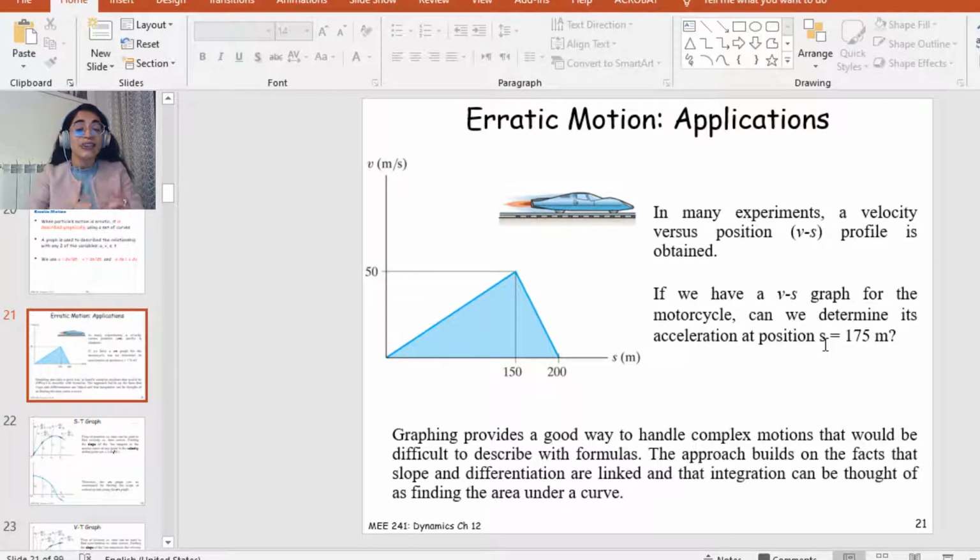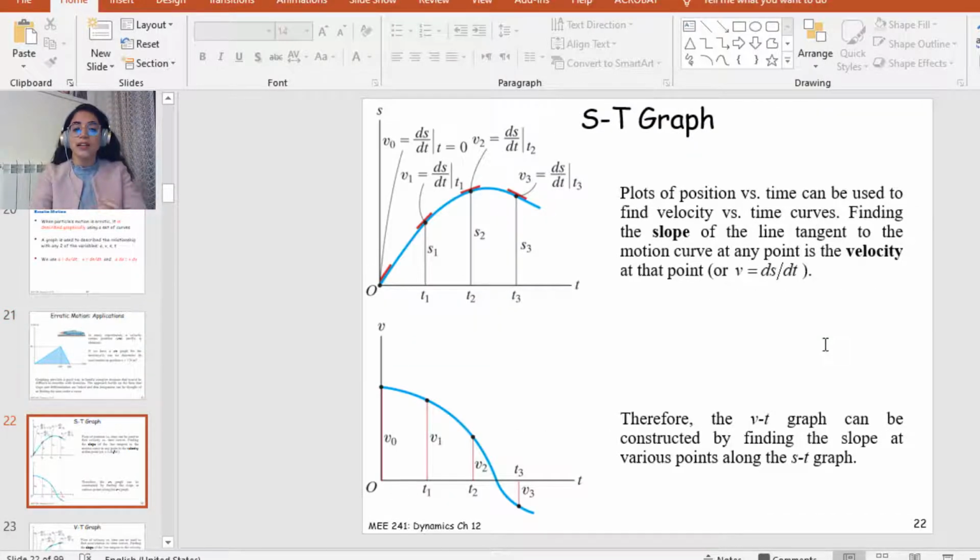So guys, a graphical representation is a good way to handle especially complex motions like erratic motion that would be difficult to describe with formula. For example, guys, if I take the first graph here, I have a representation of s versus t. Alright, so this is a two-variable representation, the position versus time.